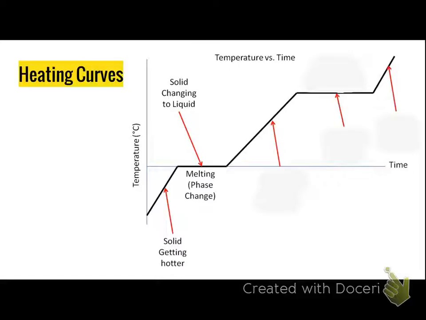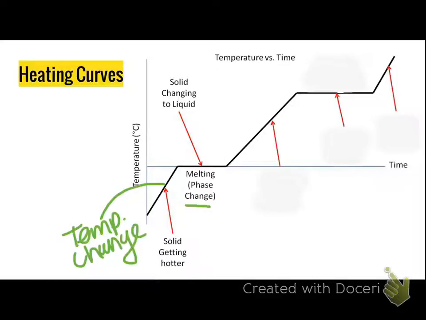What's happening is what we call a phase change. So the phase is changing, but notice what is not: the temperature is not. Here we're looking at a temperature change, and here we're looking at a phase change.